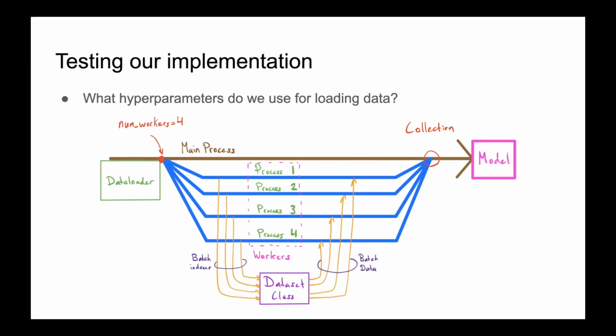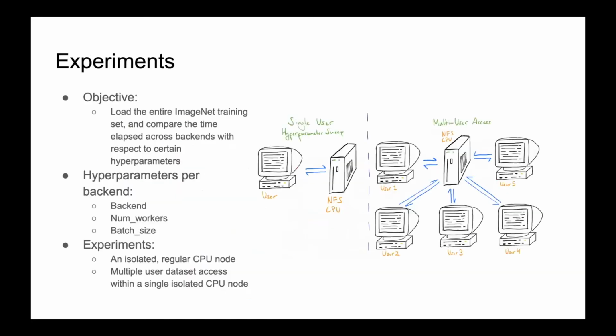Once the workers receive those batches of data, they'll feed those batches back to the main process. The workers will all exit, and then the main process will take those 4 batches and give them to the model. So that's where num workers and the batches come into play with respect to our dataset and data loader.